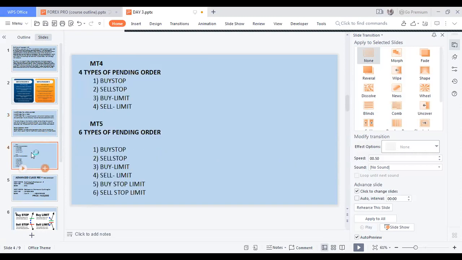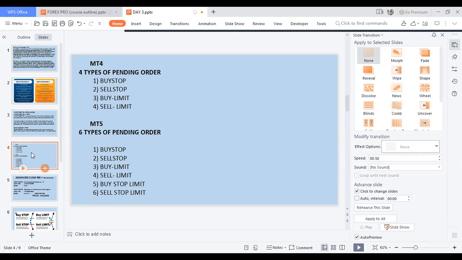We have 4 types of pending orders based on MetaTrader 4, and 6 types of pending orders based on MetaTrader 5. MetaTrader 4 has buy stop, sell stop, buy limit, and sell limit.